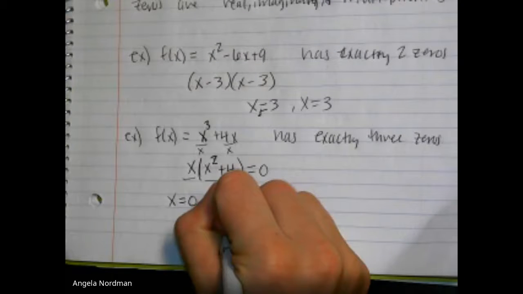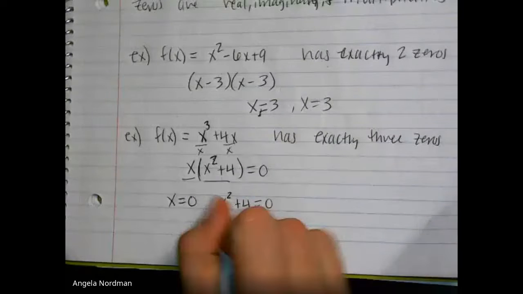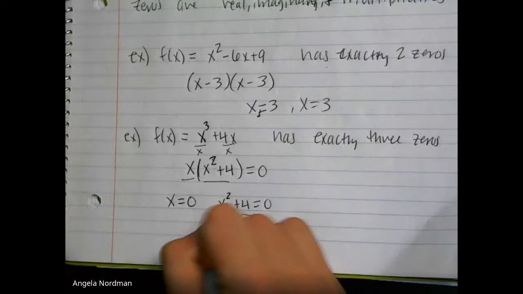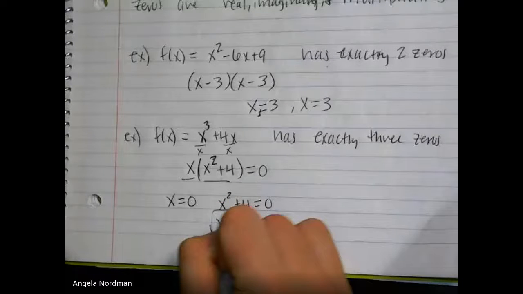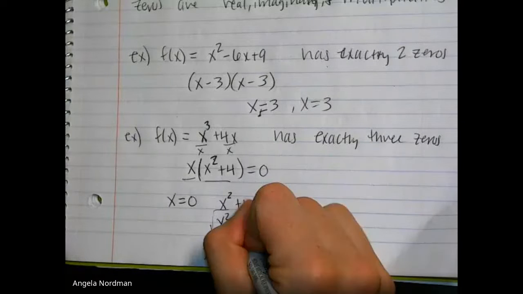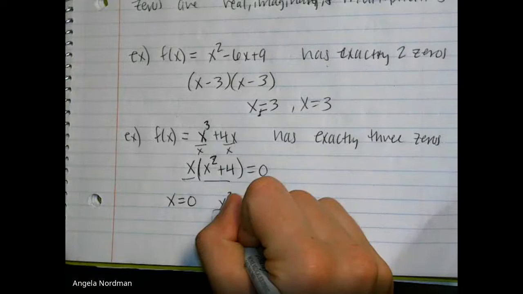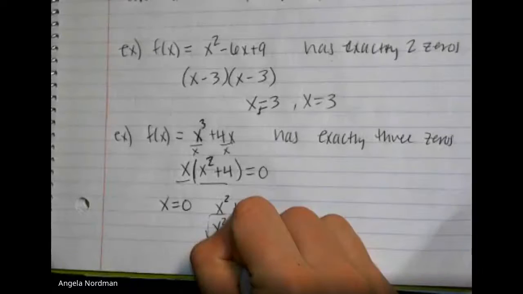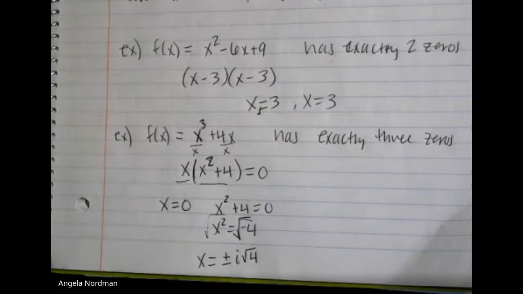The first one's already done for us. The second one would be x squared equals negative 4. Square root both sides, that would be x equals plus or minus the square root of negative 4. If I'm taking the square root of a negative, let's keep in mind from 2.4, what I do is pull out an i and make the inside positive.